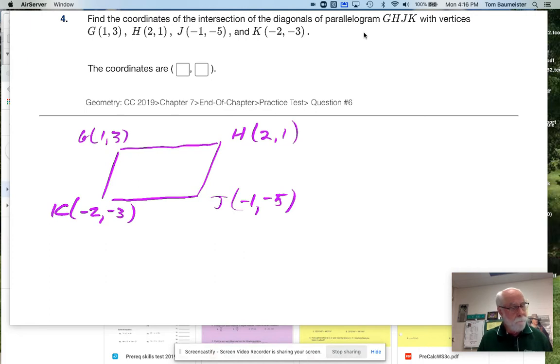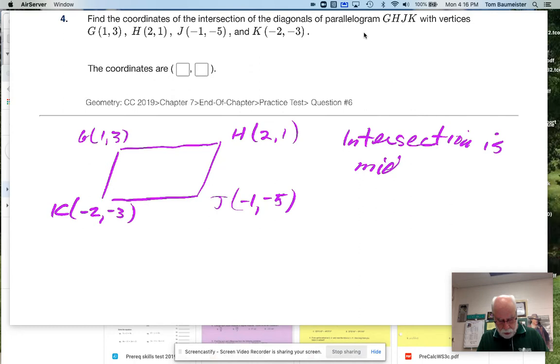So remember that the coordinates of the intersection is the midpoint. So if it's the midpoint, take the midpoint formula for one of them. So I went ahead and took the midpoint for that diagonal.